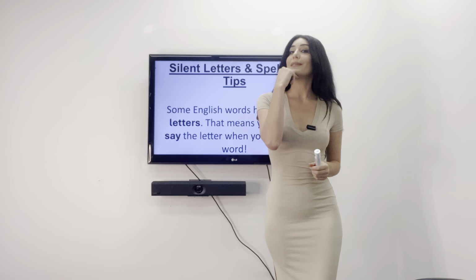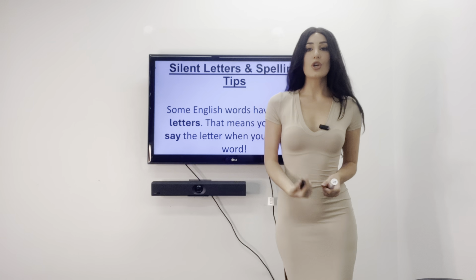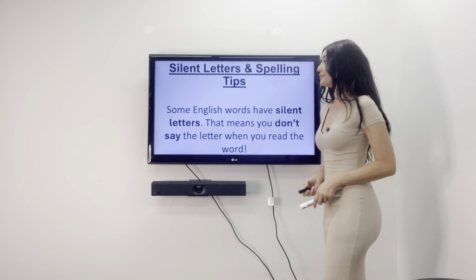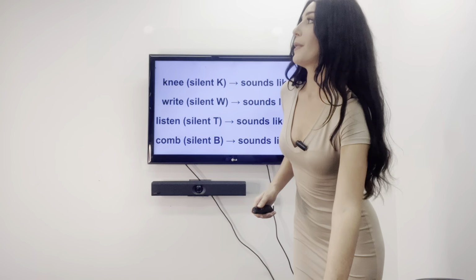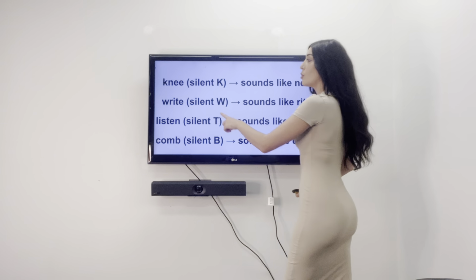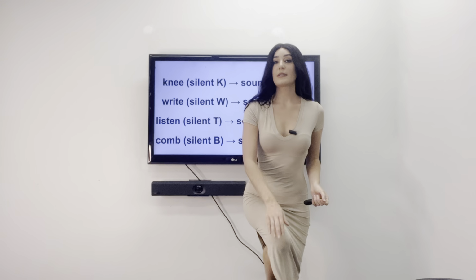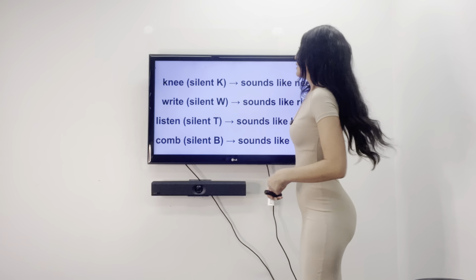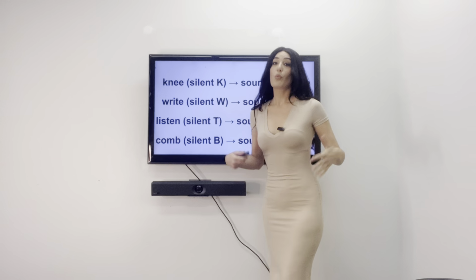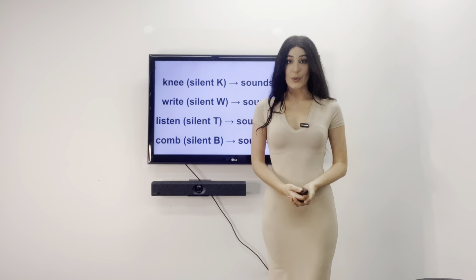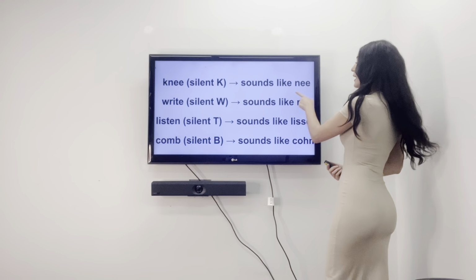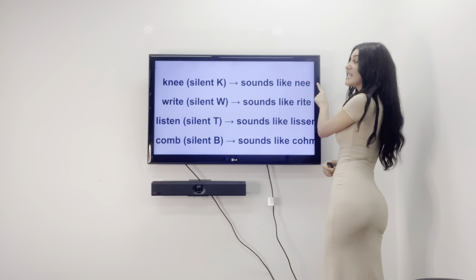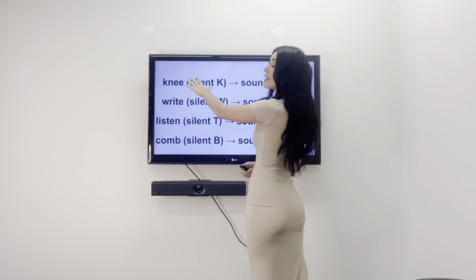That means that when you say the word, those letters are not pronounced or said. All right, let's have a look at some examples here, okay? So, the word knee, that's this, your knee. Silent K. We don't say the K, all right? We just say knee. So, it's pronounced like knee. Knee. The K is silent.